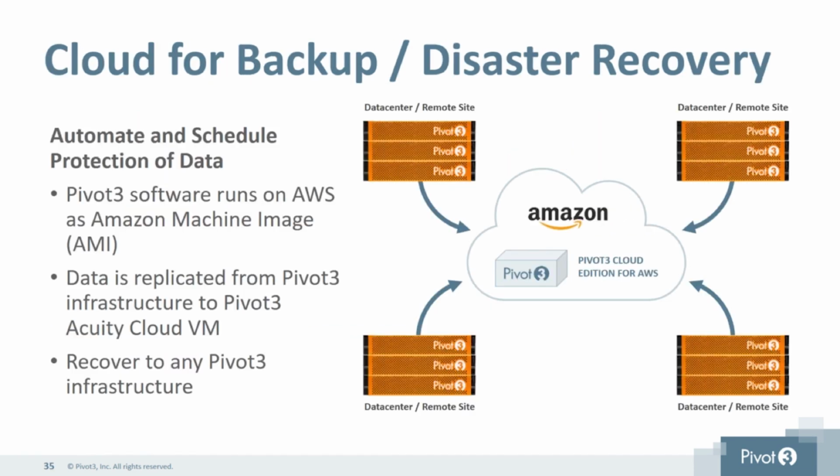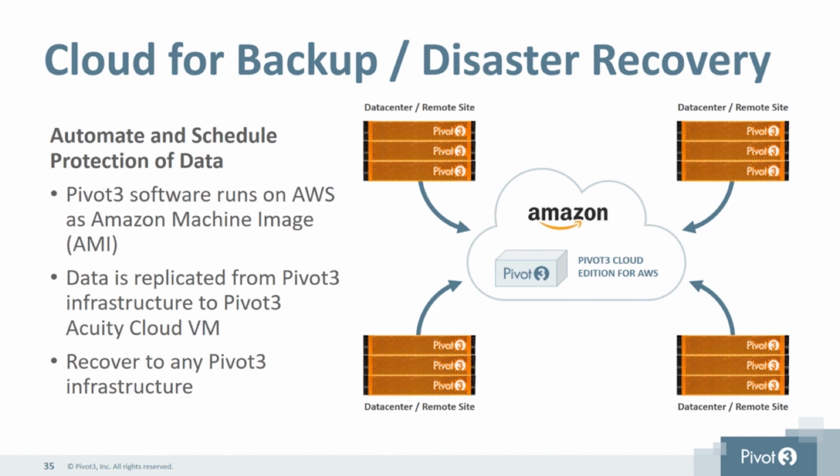So going into some more detail about cloud for backup and DR, which was announced earlier today. As Chris mentioned already, this is one of our key use cases for cloud. And this is a really big milestone for us because the Pivot 3 Cloud Edition for AWS is not just a connector to the cloud, or a software fragment or a widget.